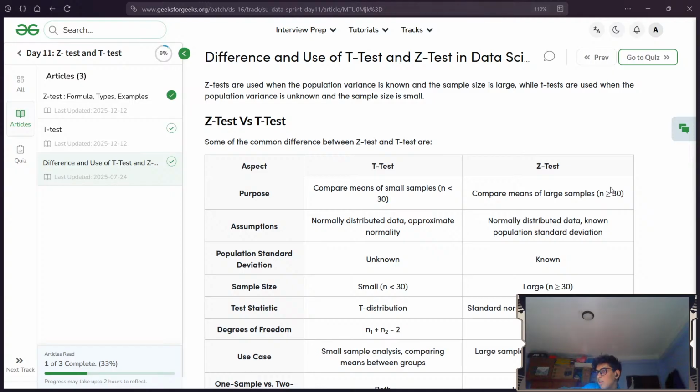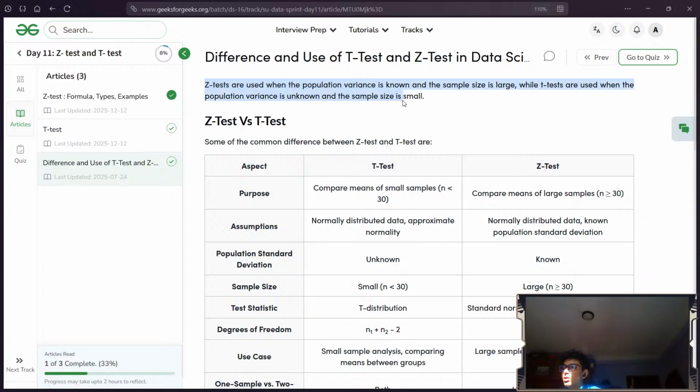Assumptions: normally distributed data; known population standard deviation for z-test, approximate normality for t-test.